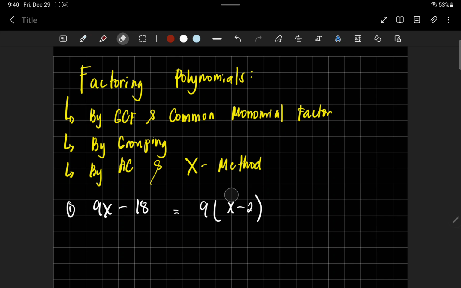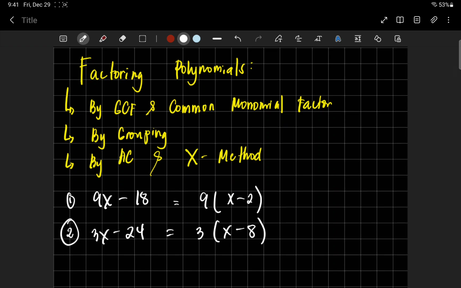Okay, so we can try another example. Let's say we have 3x minus 24. So si 3x minus 24, they have a common factor which is 3. And 3x divided by 3 is x. And negative 24 divided by 3 is negative 8. Therefore, the factored form of 3x minus 24 is equal to 3 times x minus 8.